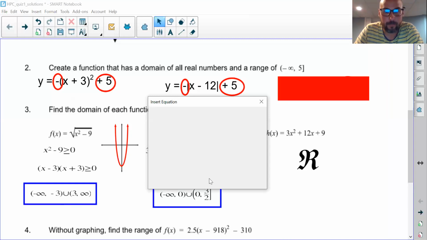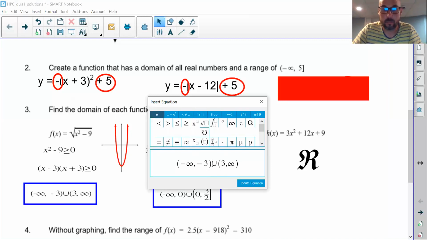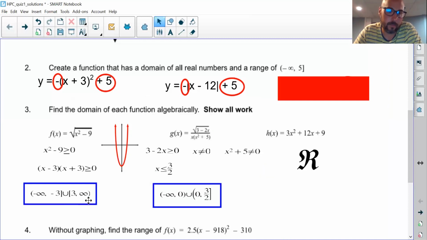Those 3s should be included, because when x does equal 3, the result is 0, and you can take the square root of 0. So this is the correct answer, from negative infinity to negative 3, including, and then join that with 3 to infinity, including 3.